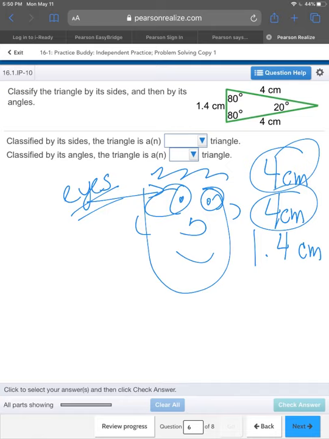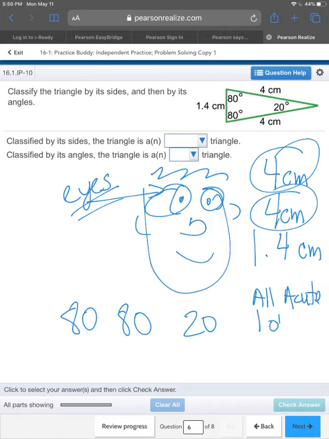And for the next one, look at your angles. I have 80 and I have 20. If I have two sides the same, I'm always going to have two angles the same. These angles are 80, 80, and 20. Are they all acute?